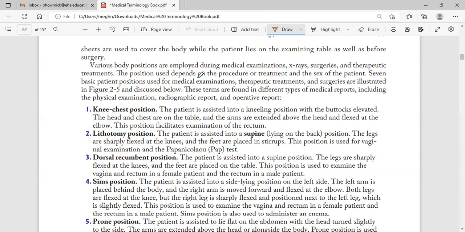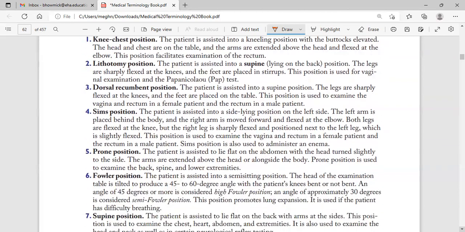The position used depends on the procedure or treatment and the sex of the patient. Seven basic patient positions are used for medical examination, therapeutic treatment, and surgeries, illustrated in figure 2.5 and discussed below. These terms are used in different types of medical reports, including the physical exam, radiographic report, and operation report.